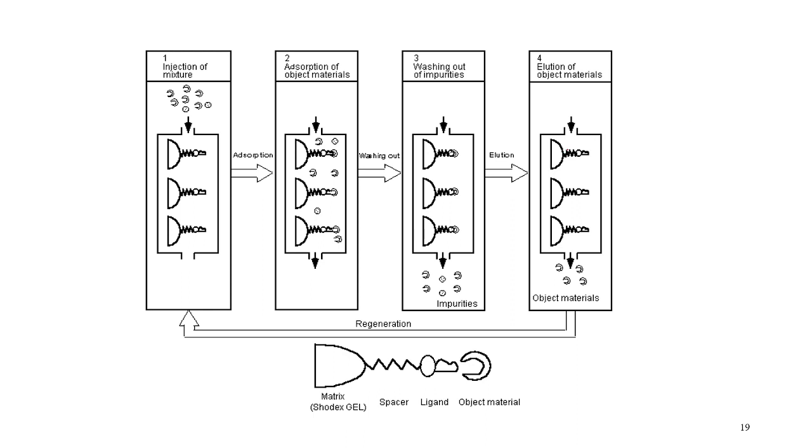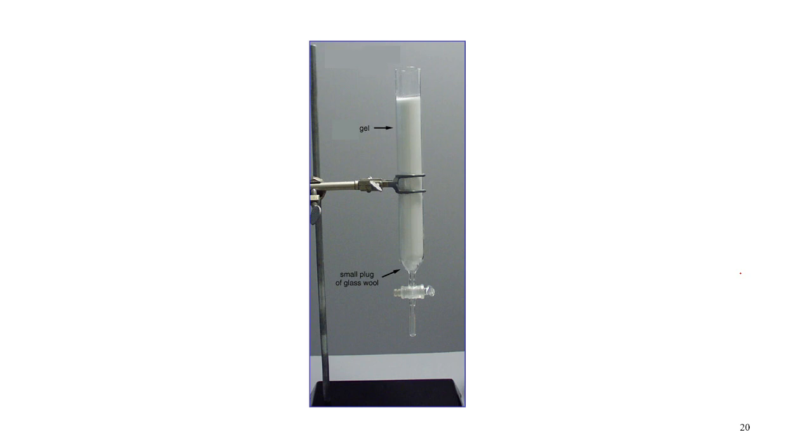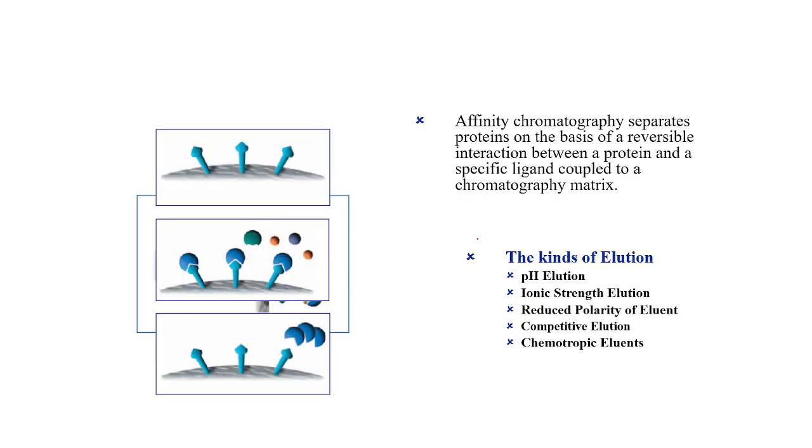The ligand that was already bound to your protein is opening up and binding to something that has a higher affinity towards this particular ligand. This is one of the apparatus of affinity chromatography.